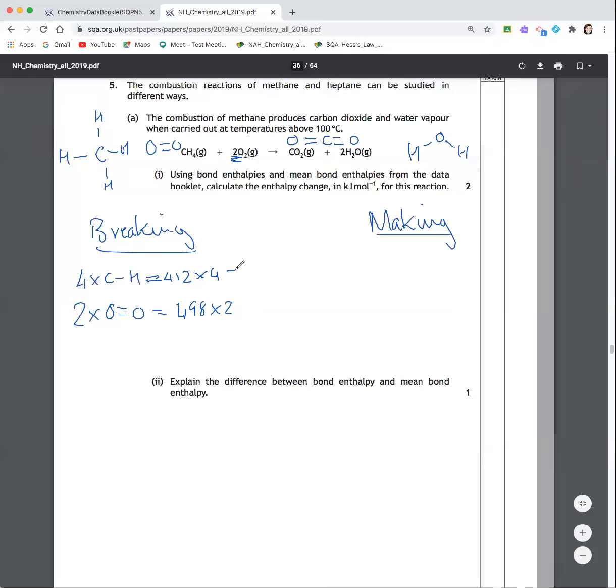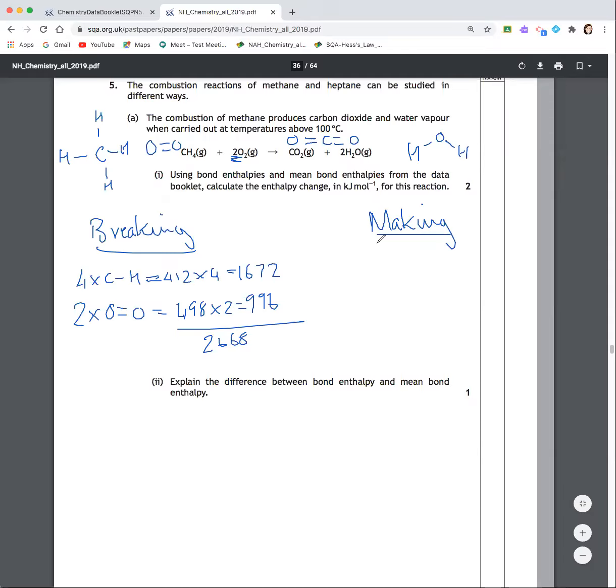So if you put that into your calculator, you will get that, and then all you have to do is total that up, so add them together. So 996 plus 1672, and that gives you 2668.